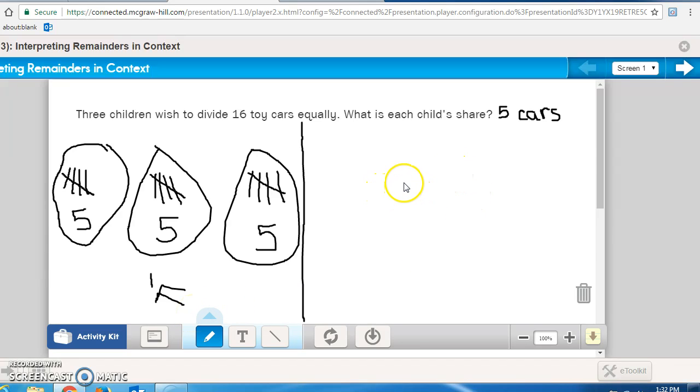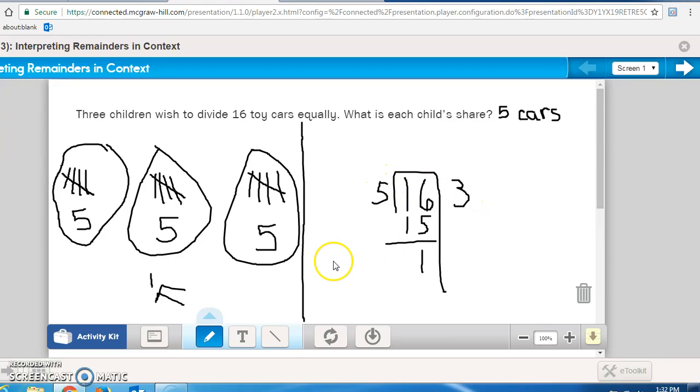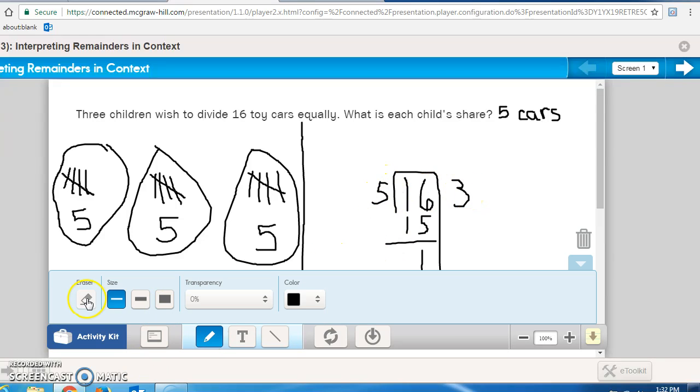There is another way to do that though. I could do 16 divided by 5. How many groups of 5 go into 16? Well, 3. I multiply back. 3 times 5 is 15. And there's my remainder, 1. So each person would get, and I messed that up, I'm sorry. Did you notice what I did?